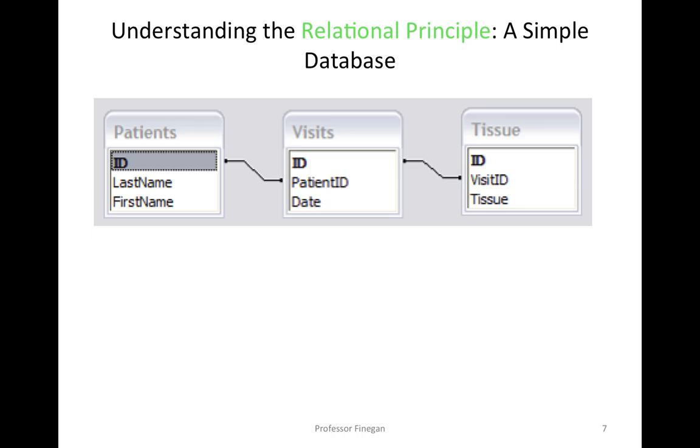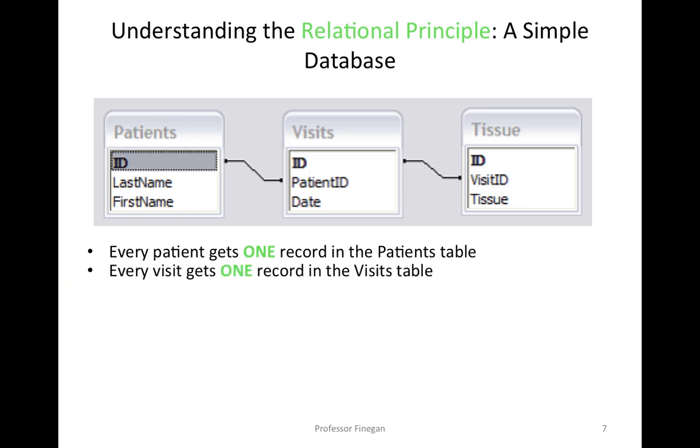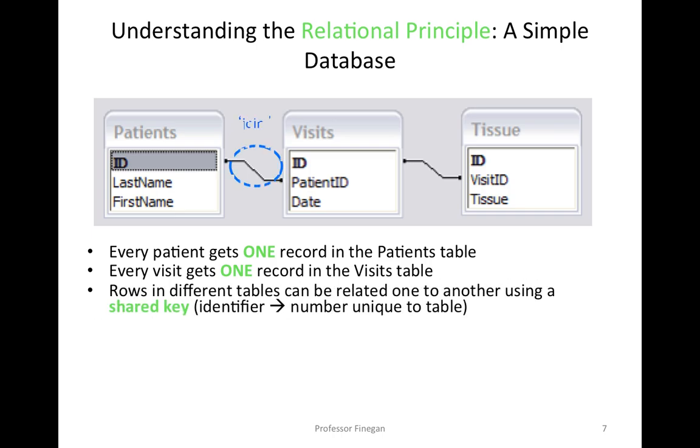And setting up those unique identifiers will allow you to truly see where the relationships occur. As an example, every patient will have one record in the patients table that uniquely identifies them. Every visit will be unique, so there will be one record in the visits table. Understanding the concept of unique will be key for moving forward.